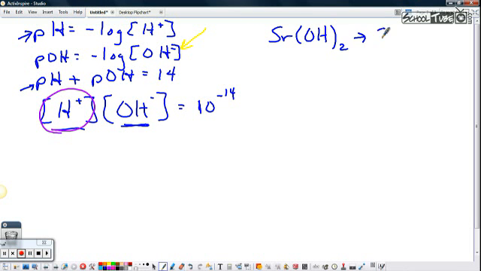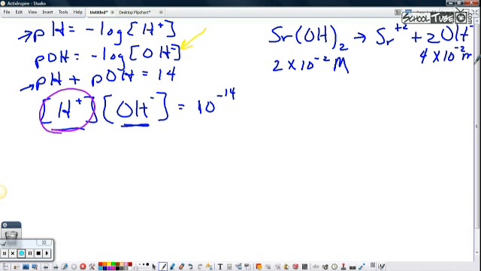Well, I'm given Sr(OH)2 yields Sr2+ plus 2OH-. So if the concentration of the Sr is 2 times 10 to the minus 2 molar, then because this is a 1 to 2 ratio, this is going to be 4 times 10 to the minus 2 molar. And if you don't believe it, take that number and multiply it times 2 with your calculator, and that'll give you the 4.